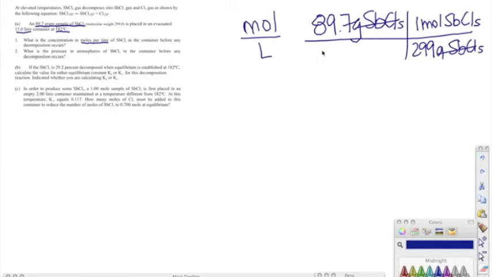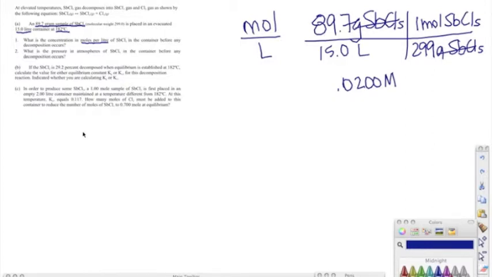We have moles on top, so let's put the liters here on the bottom, and now we're in moles per liter. Plug this into your calculator, basically 89.7 divided by these two numbers multiplied together, and you end up with a molarity of 0.0200 molar SbCl5.